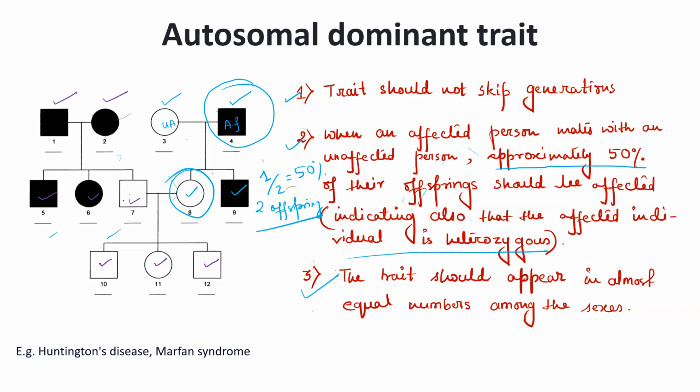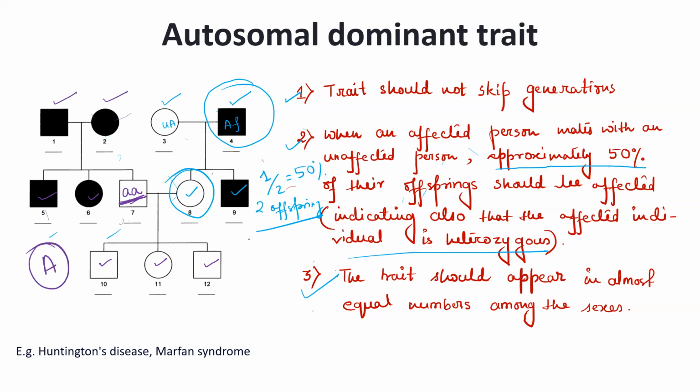What did I say? Unaffected carriers are not possible. Unaffected children here is definitely a recessive one. If it has a dominant factor, it will definitely show up the disease.